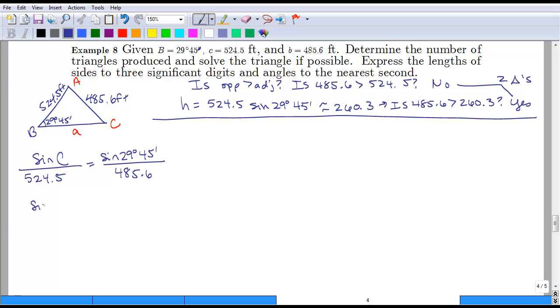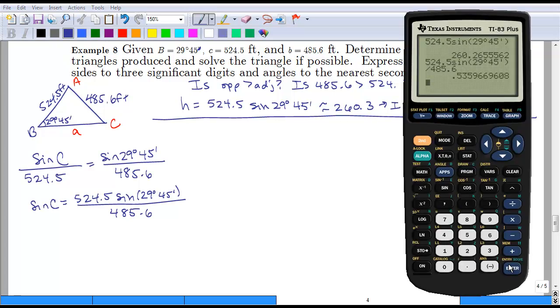So again, sine of C is going to be 524.5 times the sine of 29 degrees, 45 minutes. Again, remember those parentheses, divided by 485.6. And we end up with 0.536 essentially.